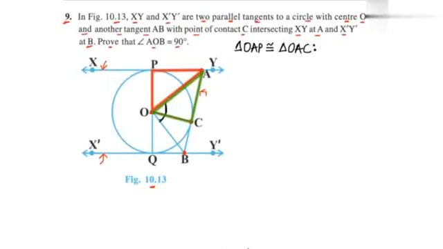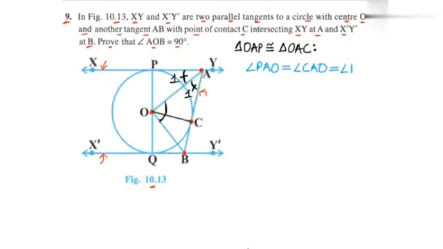And from here, it follows that angle PAO is equal to angle CAO. So angle PAO, this angle here, is equal to angle CAO, and let's call both of these angles angle 1.